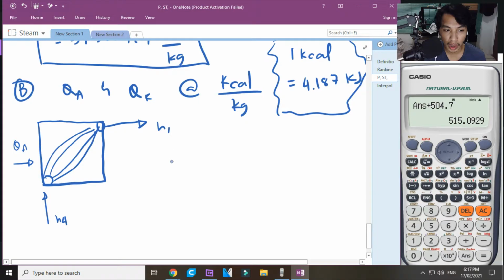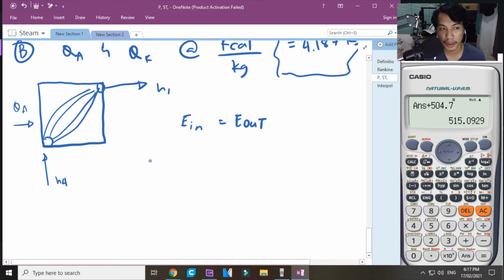Now, E-in and E-out. Okay? Always convert in your final answer. Everything that enters is equal to what leaves. But what we are looking for is QA.